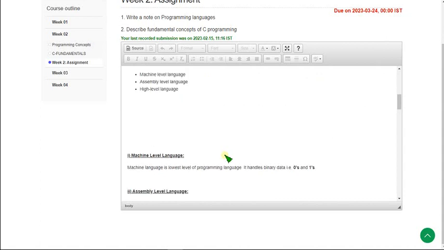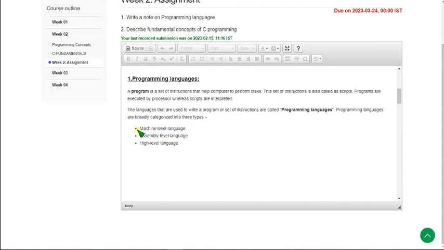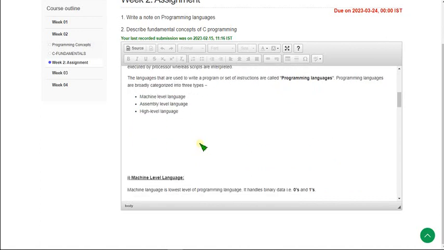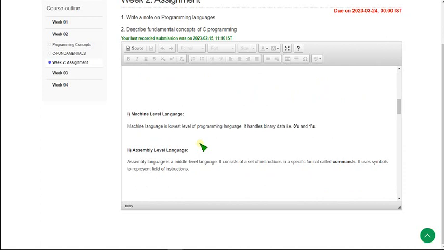We know that there are three types of programming language: machine level, assembly level and high level. I am showing the first two, machine level and assembly level. The machine level language is the lowest level of programming language.